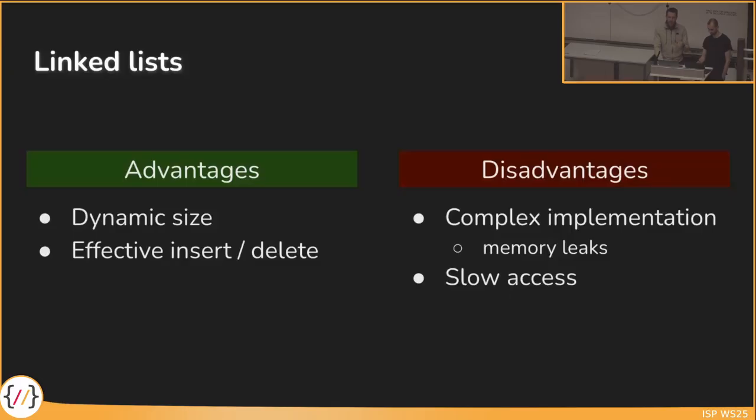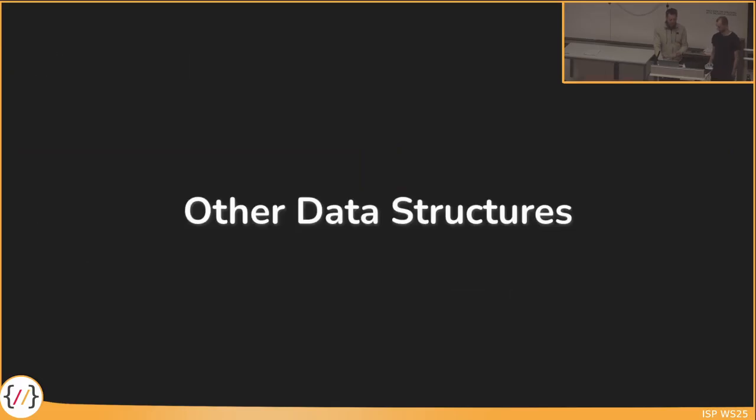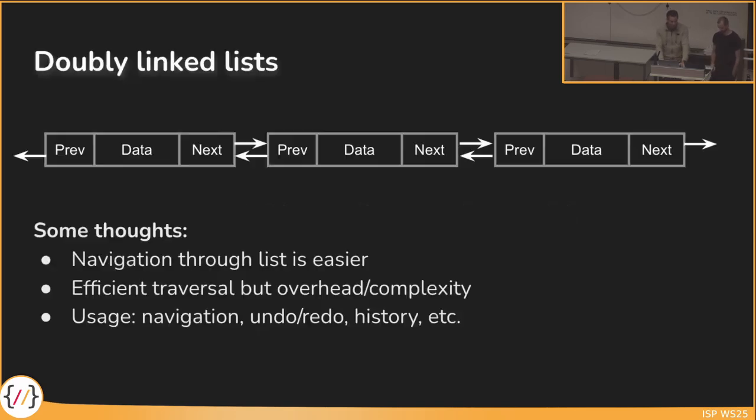Okay, so now we have seen the linked list, and now we also want to show you further data structures, and we start with the doubly linked list. This is basically the same as the linked list with one additional thing. Besides having the data, for example, the artist, the title, the length, and the pointer to the next element, we also have a pointer to the previous element.